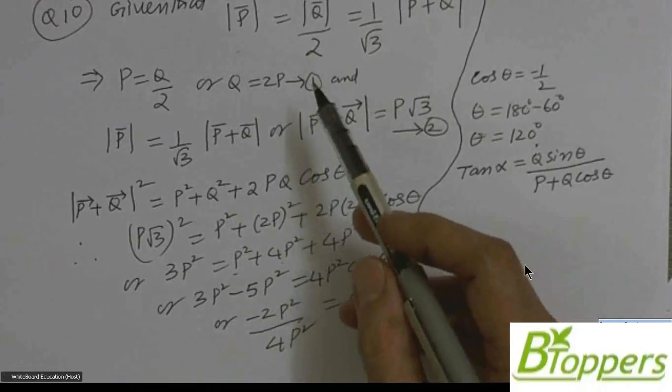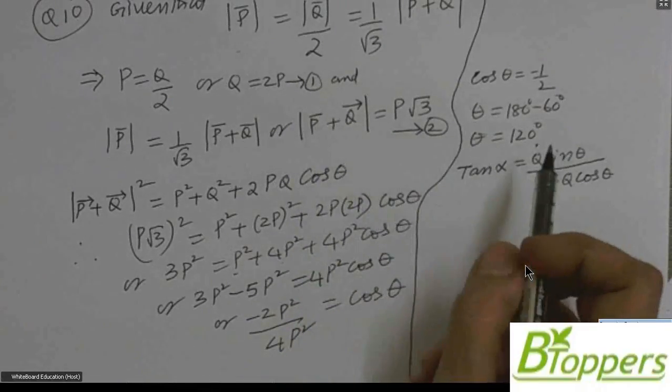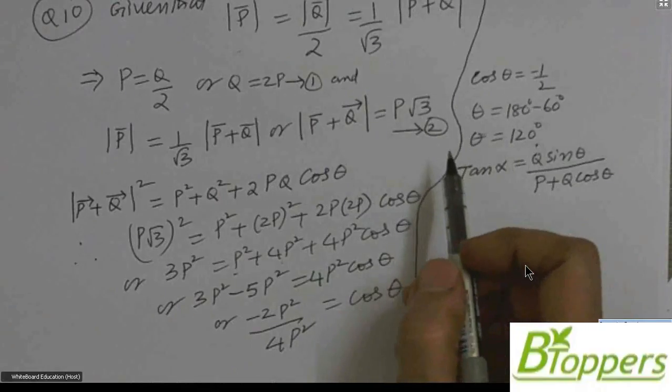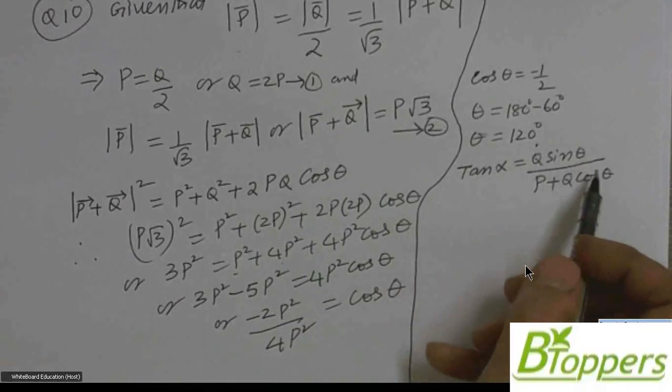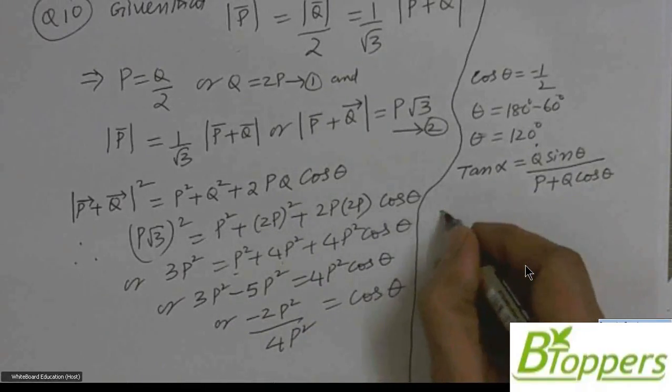So from the equation 1, you can substitute q equal to 2p on the right hand side. And here we got theta as 120 degrees. That can be substituted on the right hand side both in numerator and denominator.